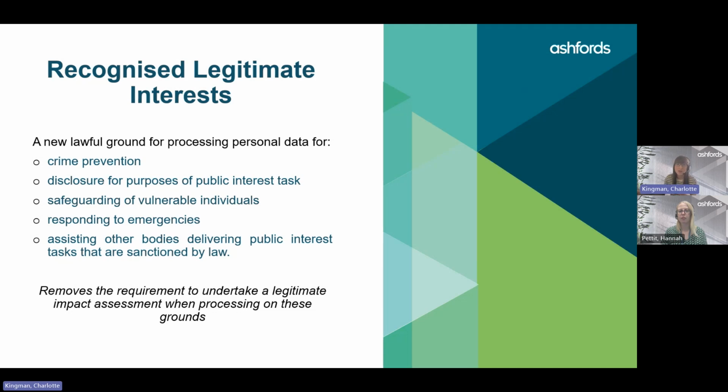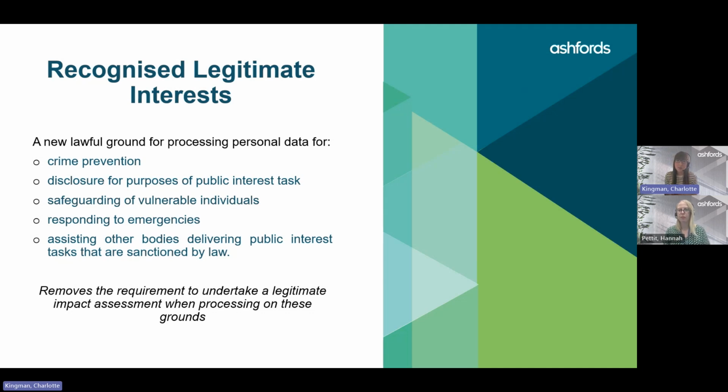So when you use information for these new recognised legitimate interests, it removes that need for you to balance the impact on those individuals whose data you're using against the benefits arising from that use. And that used to be the aspect of undertaking that impact assessment and looking at those processing activities. So the hope is that it will make this process a little bit more streamlined for organisations who are processing data in these ways.